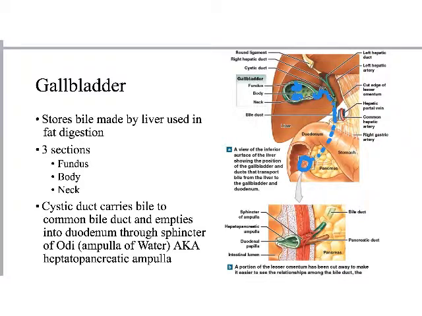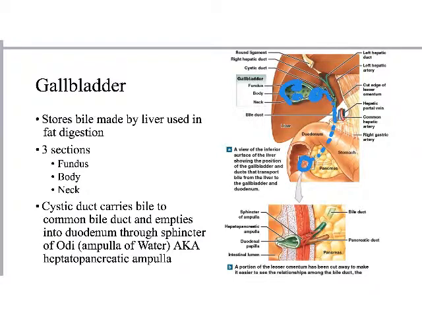There are 3 sections to the gallbladder. The fundus, we've already kind of mentioned, is always going to be kind of the rounded superior most part. And then we have the neck. So this is going to be the fundus. Then the neck is going to be here right as it connects to the common bile duct. And then everything in between is the body.